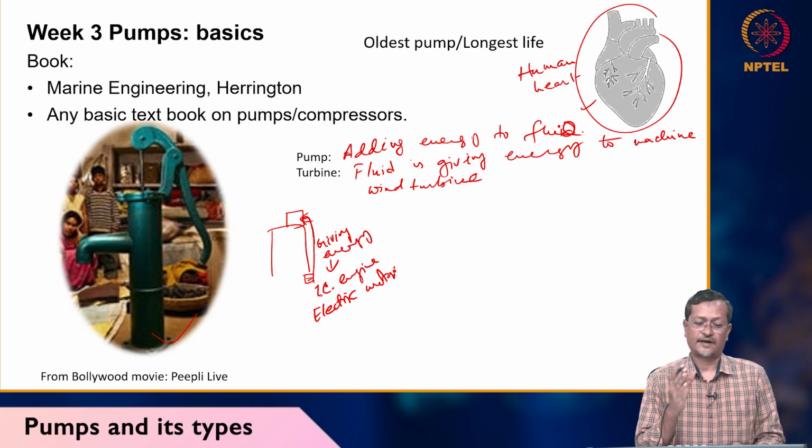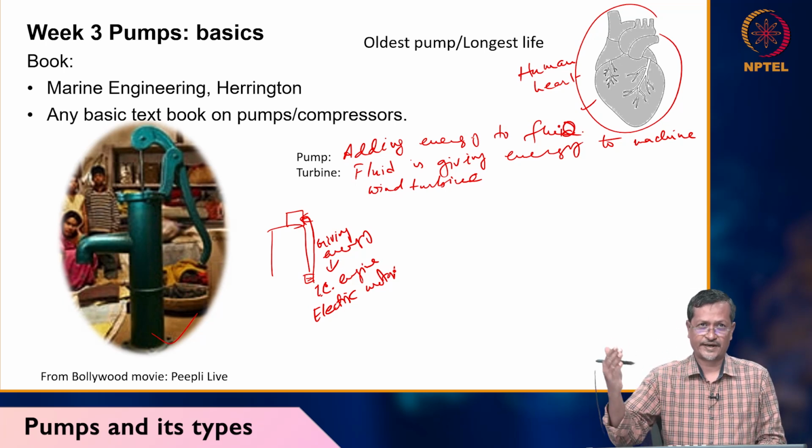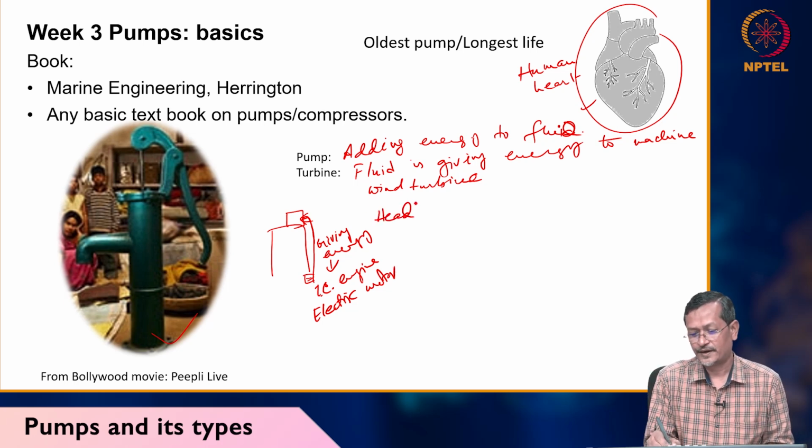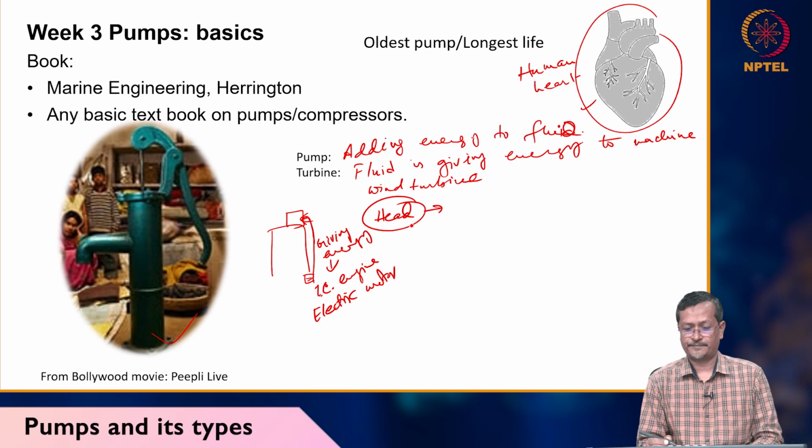After that, the fluid will get more static head or dynamic head. Head means pressure. In fluid machinery systems we specify pressure as a head. Head means the equivalent water column height.